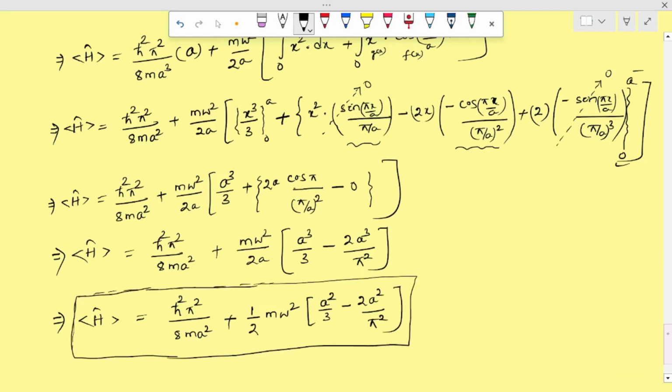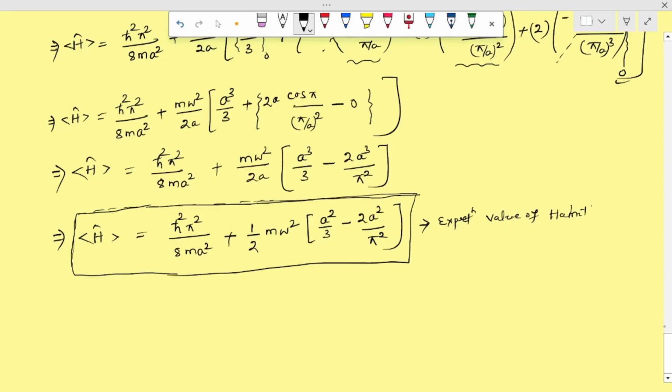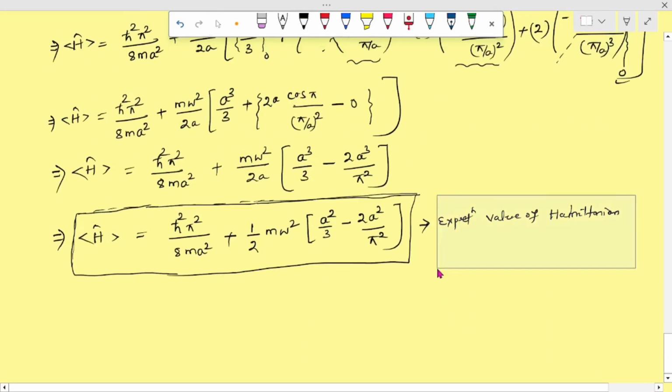So for minimization of the expectation value of the Hamiltonian, we have to consider the derivative of this Hamiltonian with respect to a. This is the expectation value of the Hamiltonian. Now, clearly write, it will be better.